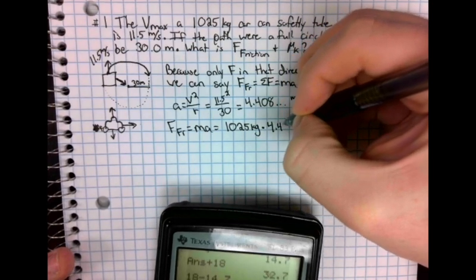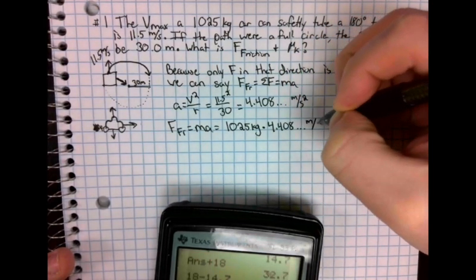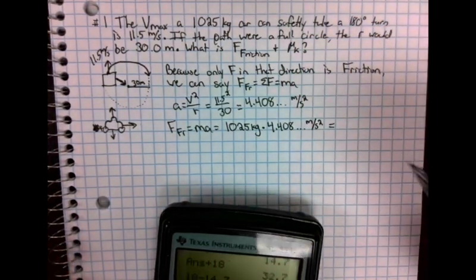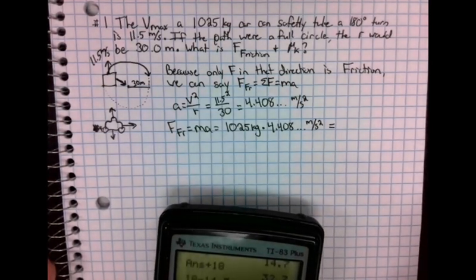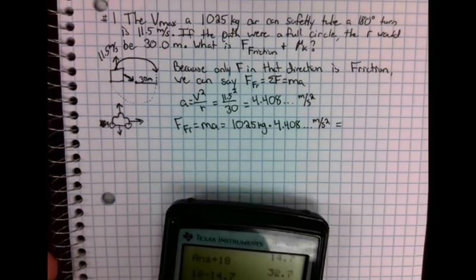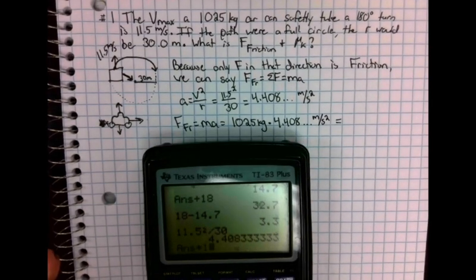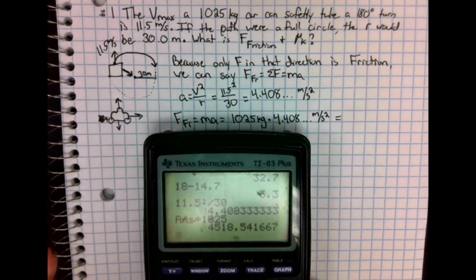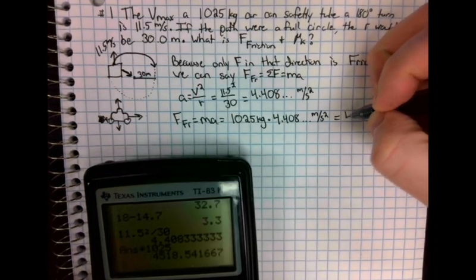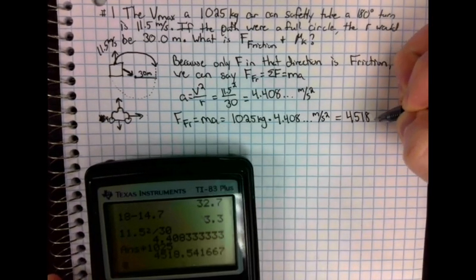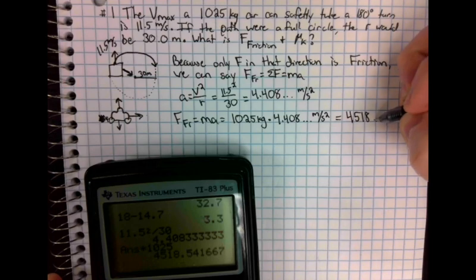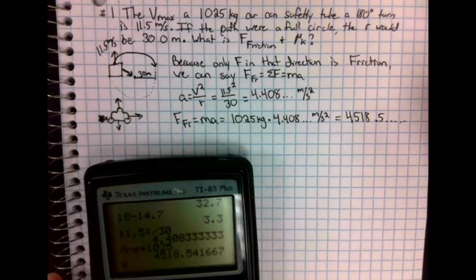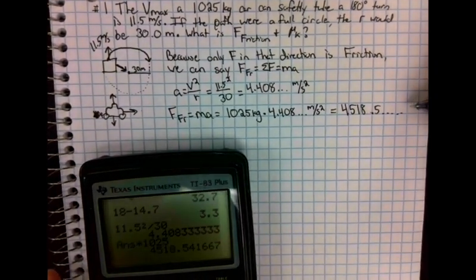Kilogram meters per second squared gives us newtons. Multiplying that by 1025, we get 4518.5, and so on, newtons.